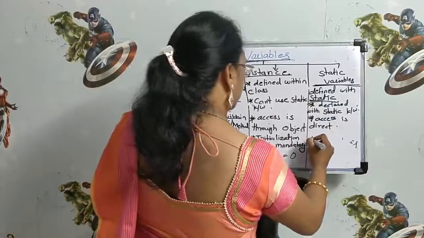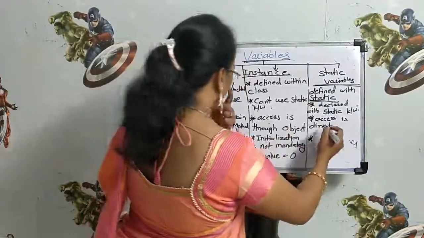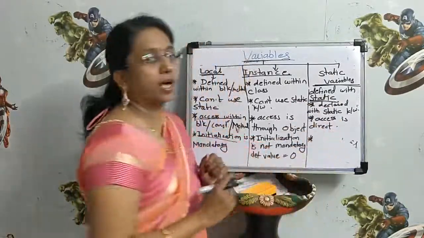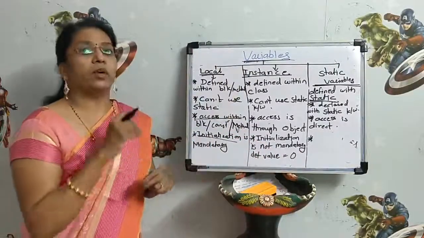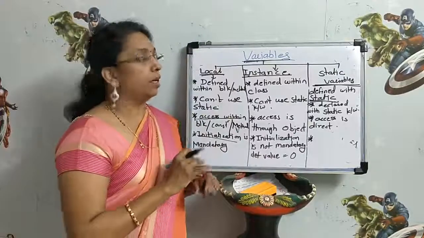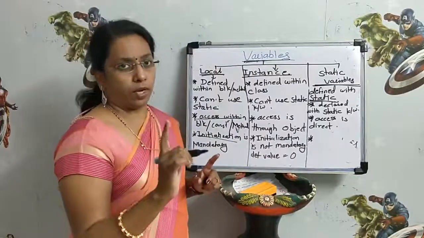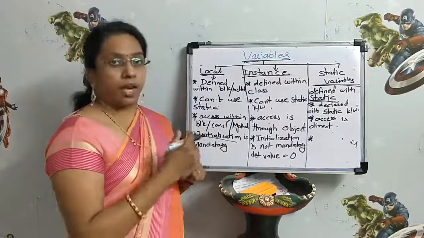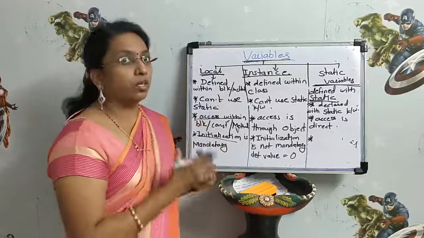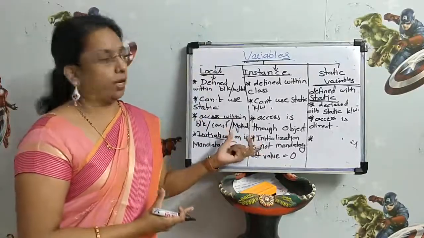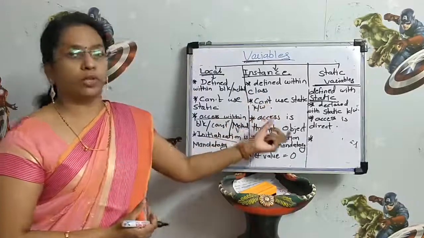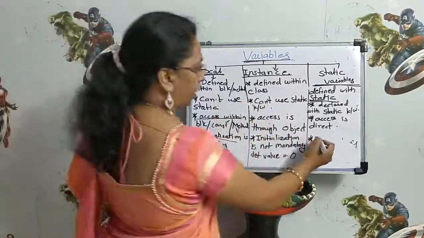Now about initialization. These static variables are initialized only once. That means memory allocated to a static variable is only once. These static variables are going to be created at the start of the program itself.